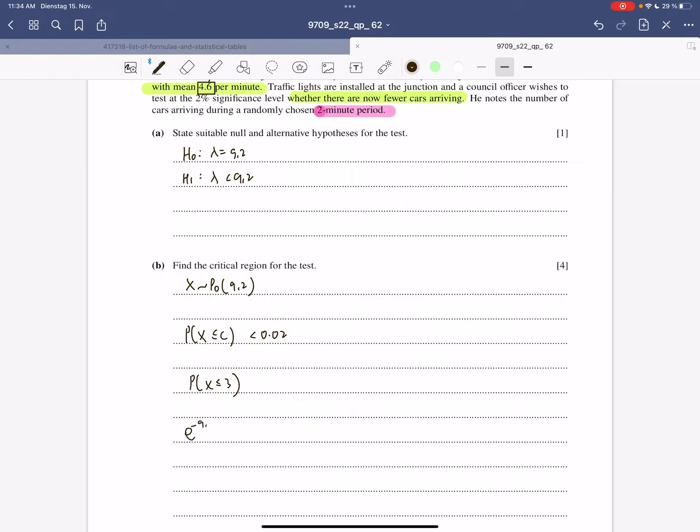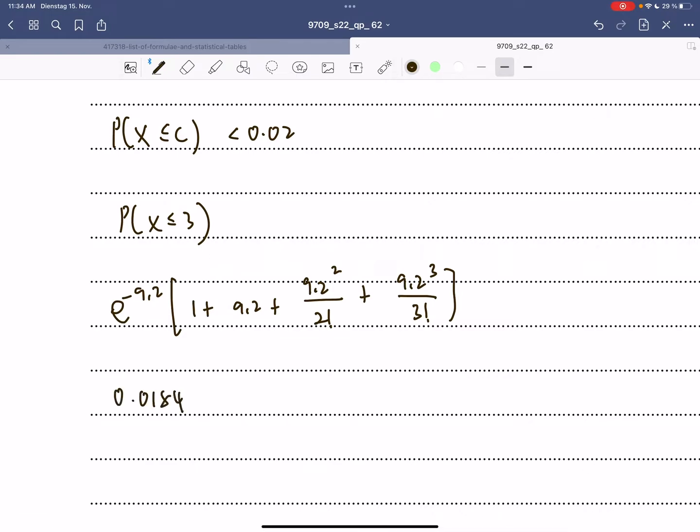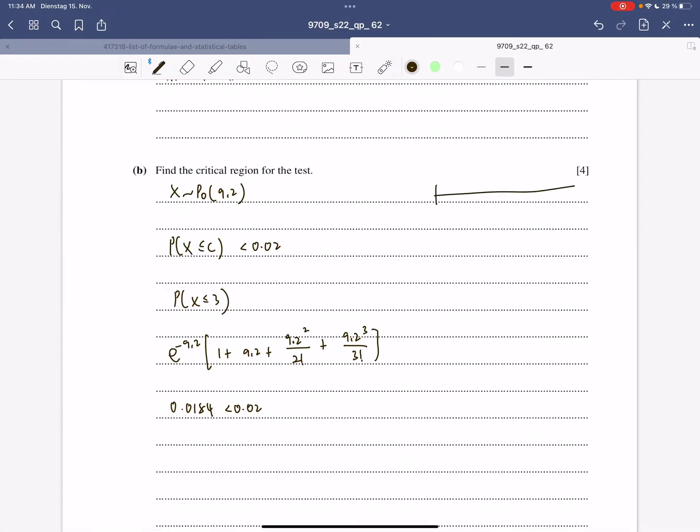So dump into the calculator. Wait, let me write down this one first. Sorry, it's 9.2. Dumping into the calculator, you will get 0.0184, which is less than 0.02, right? But if you make a simple sketch like this, 0 1 2 3 4 5 6, at the end we don't know the end.